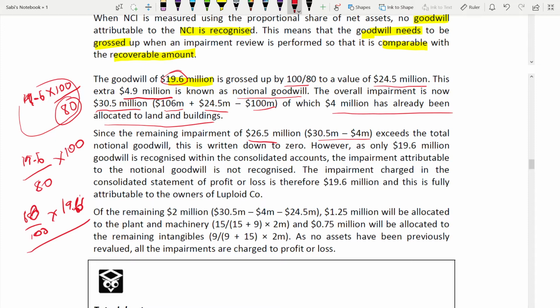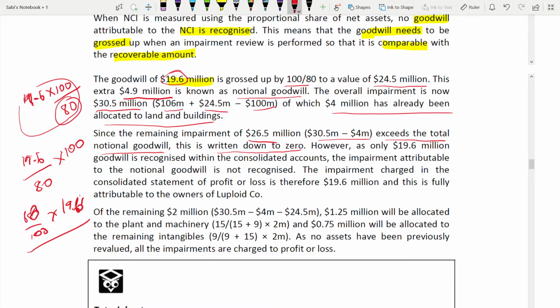So the remaining impairment exceeds the total notional goodwill. What is the total notional goodwill? Notional goodwill is 4.9, right? So this is written down to 0. Why written down to 0?